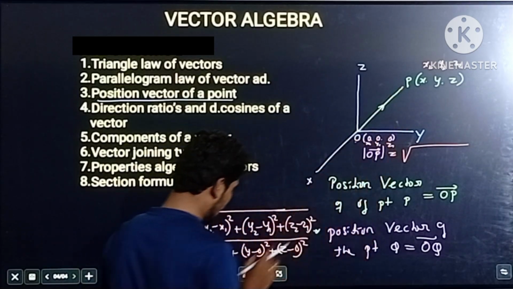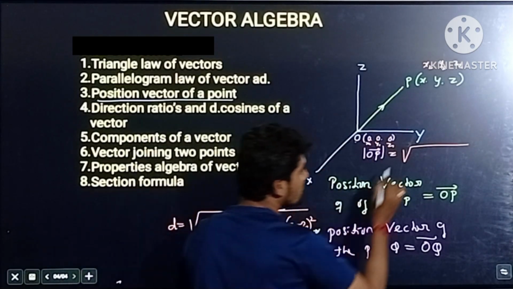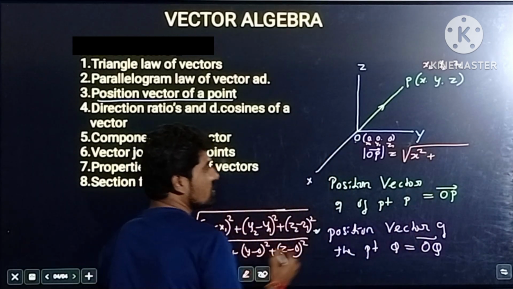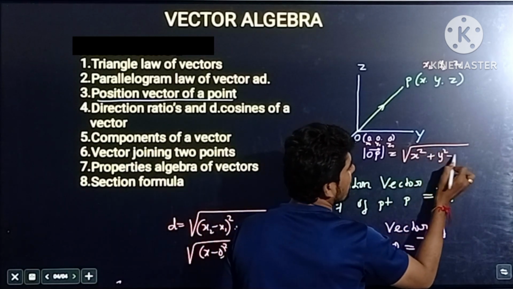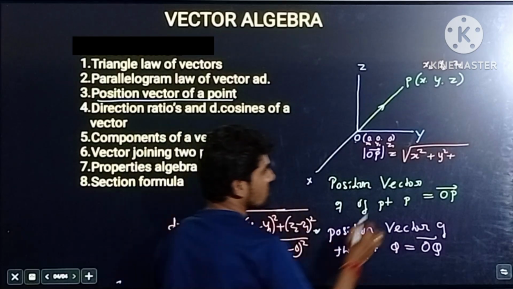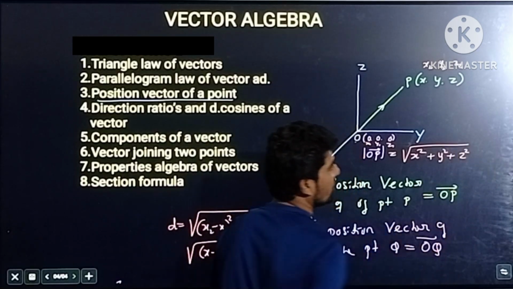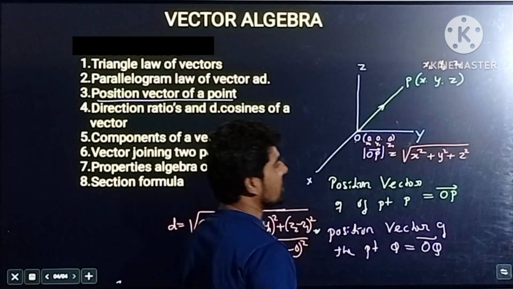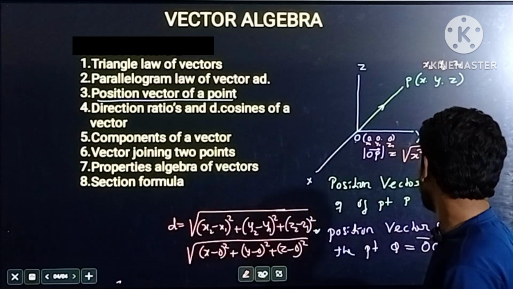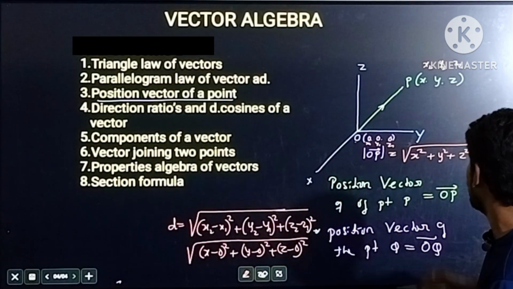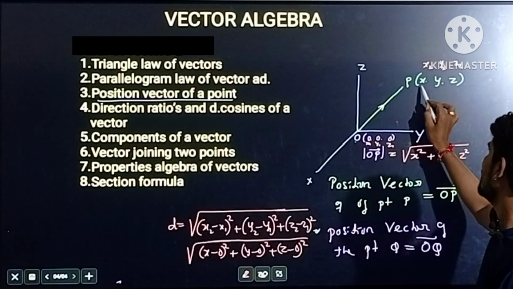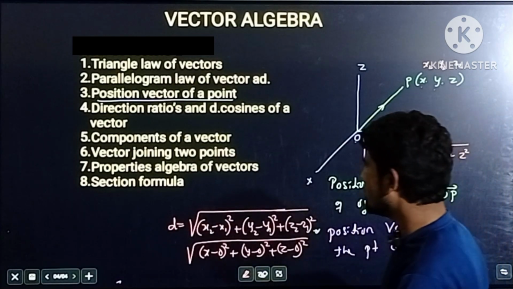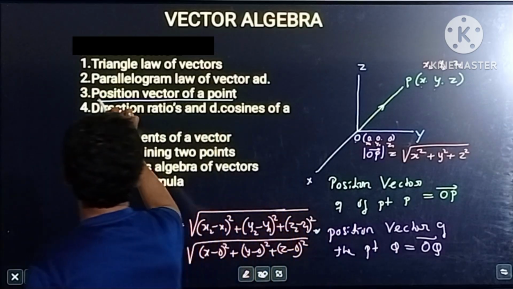Therefore, the magnitude of the OP vector is x minus 0 whole square, which is x square, plus y minus 0 whole square, which is y square, plus z minus 0 whole square, which is z square. I hope all of you understood. The formula for calculating the magnitude of the vector is square root of x square plus y square plus z square, where x, y and z are the coordinates of the point P. I hope all of you understood the position vector of the point P.